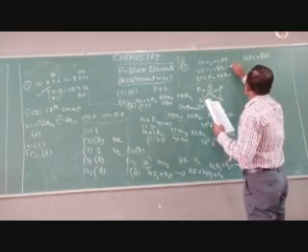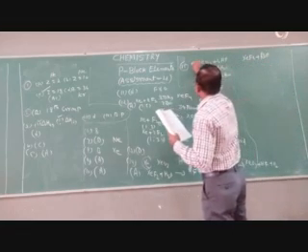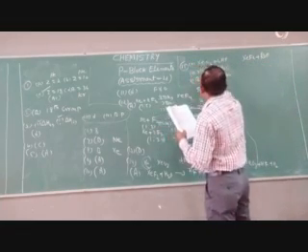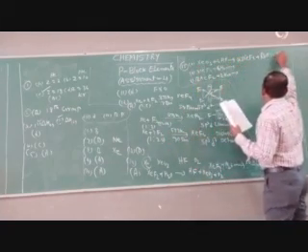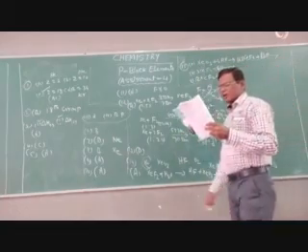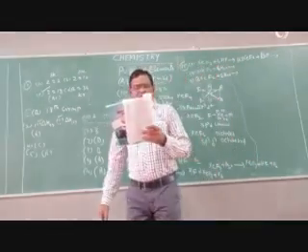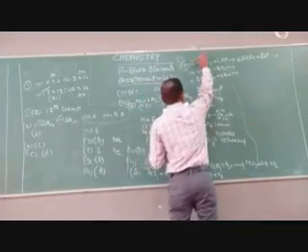This is A, this is B, this is C and D. Which is not feasible? The first one is not feasible, children.